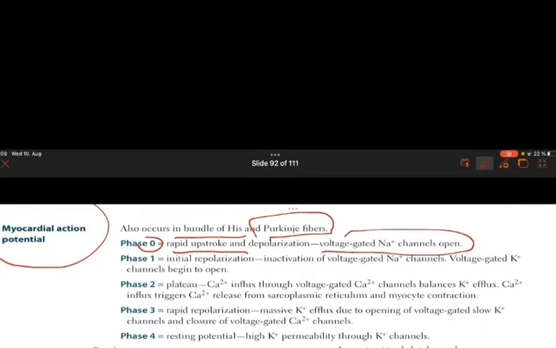So the sodium channels open, and when they open, you have a fast and rapid upstroke.